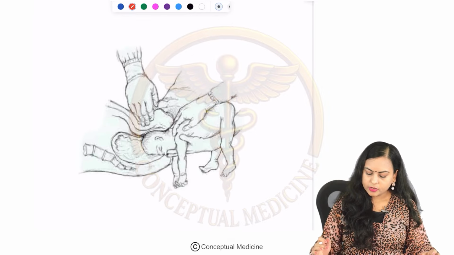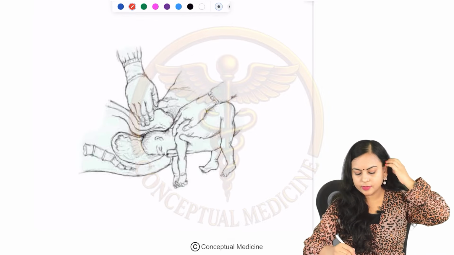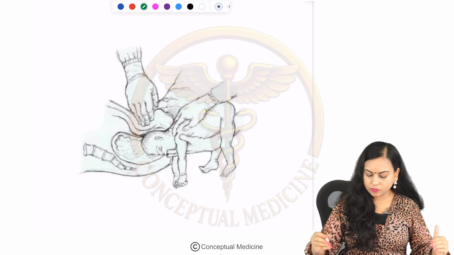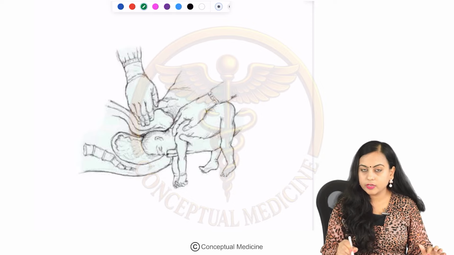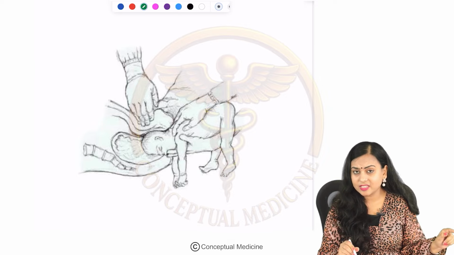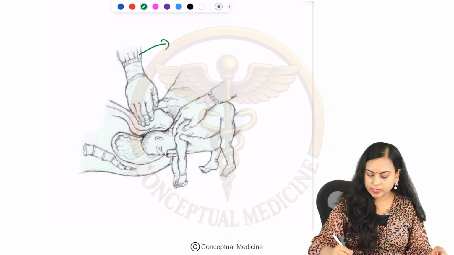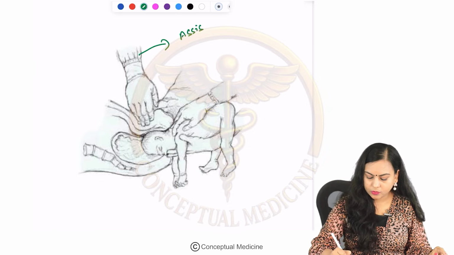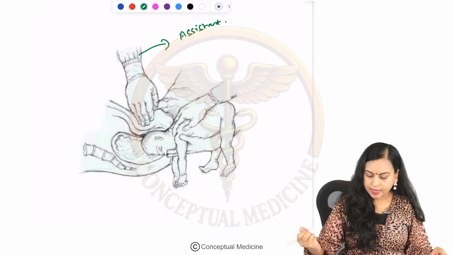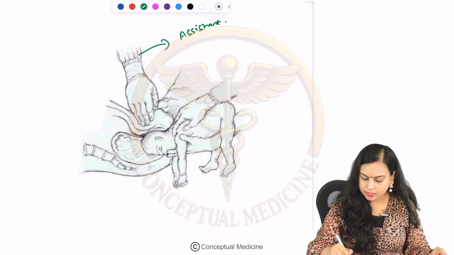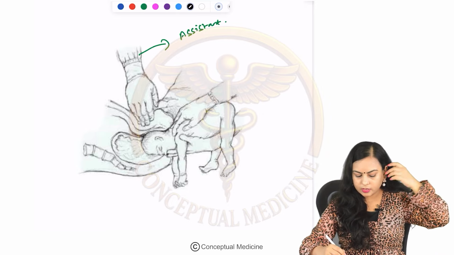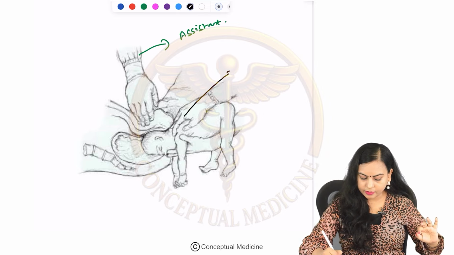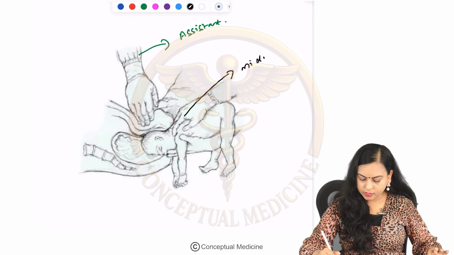Okay. So what they are doing in this method, if you see, number one, you have three hands. That means there is an assistant also. Okay. So there is an assistant here who is giving pressure, and if you see this operator's hand, the middle finger of this hand is going to be on the occiput.